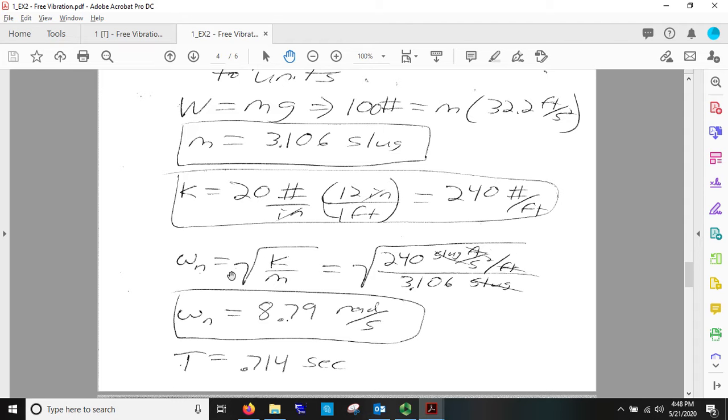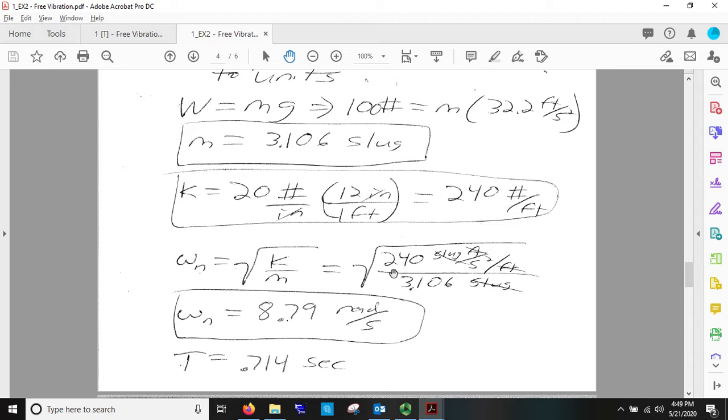When we get down here to natural frequency, it's the square root of k over m. A pound is a slug foot per second squared, and if you only divide by the original inch given, they wouldn't cancel. So you need to multiply by 12 inches per 1 foot in order to get our k as 240 pounds per foot.